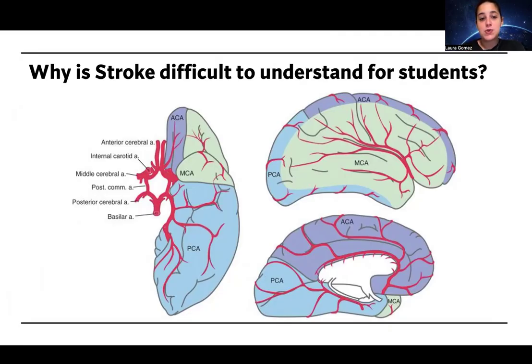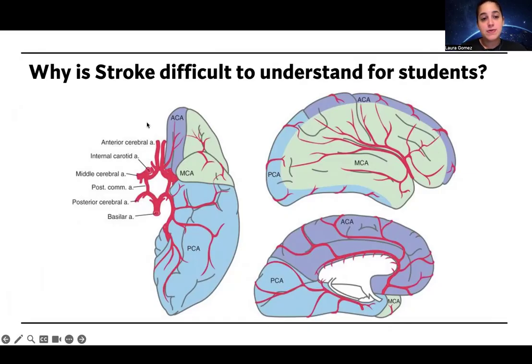We're going to see also strokes located in the basilar artery right here. Patients with this type of stroke will have difficulties breathing. They will also present with sensory issues, balance issues, tremors, and vomiting.